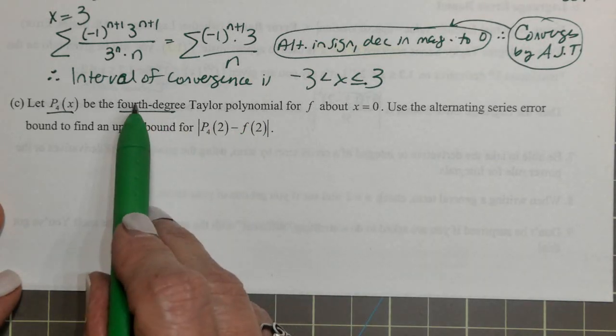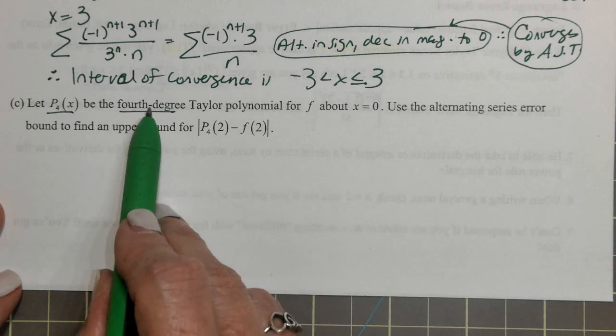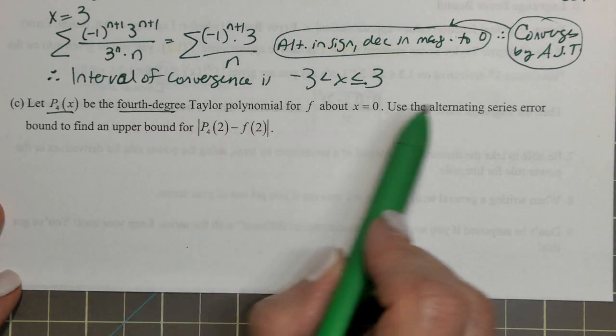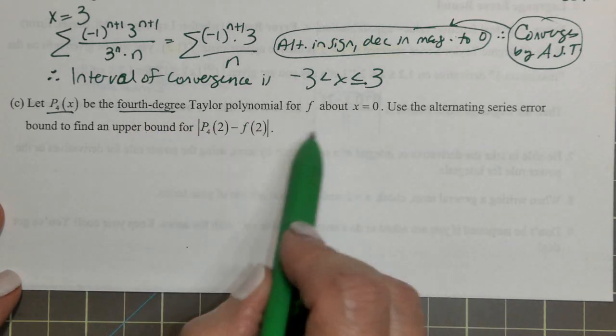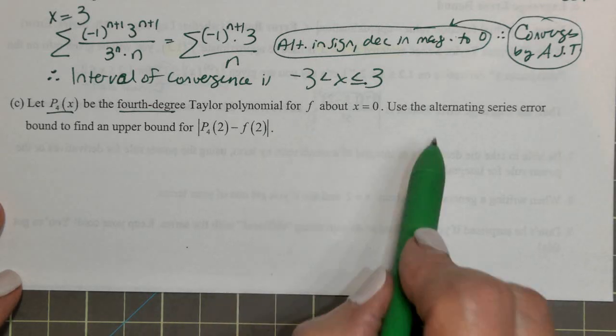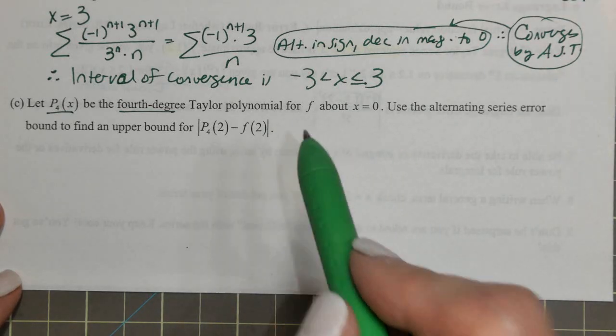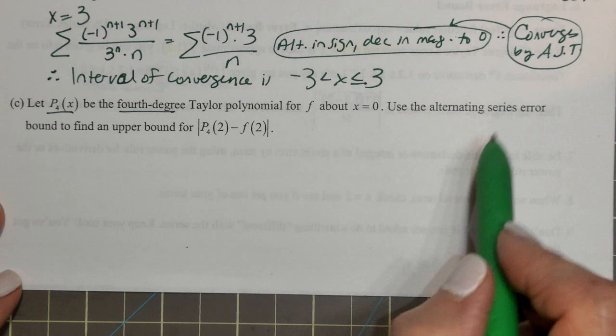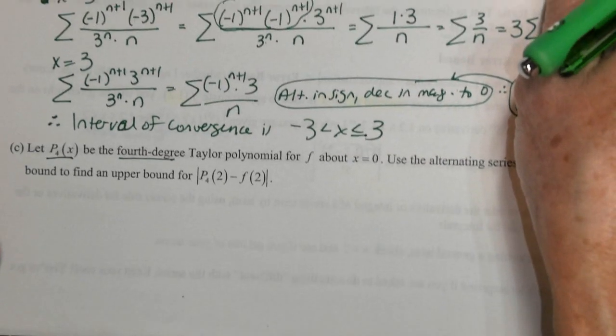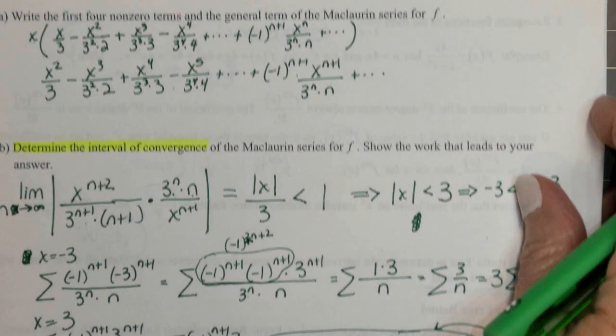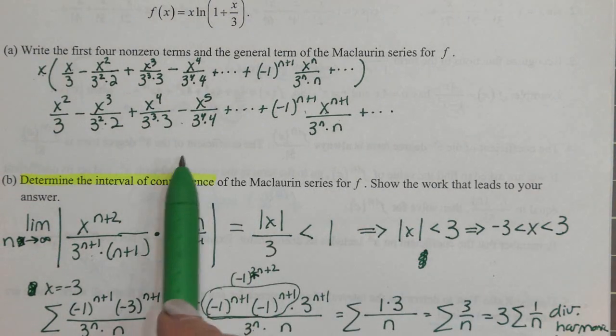If I use the 4th degree term for the approximation, then the error bound will be the 5th degree term. Let's go to our f of x. Here's f of x, yeah?